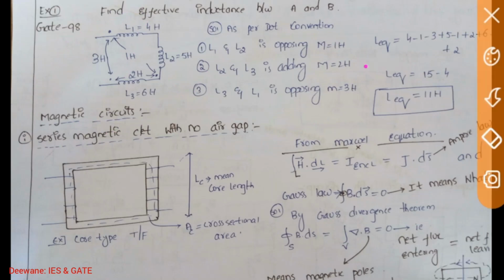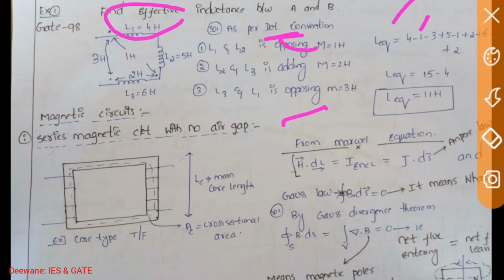Now L equivalent. For L1, L2, L3 it is always positive. I took first L1 as 4 Henry.